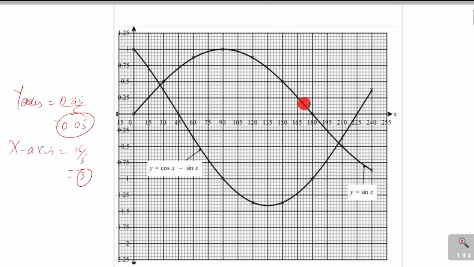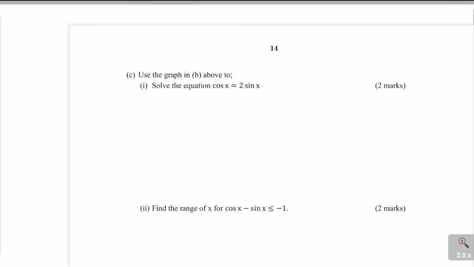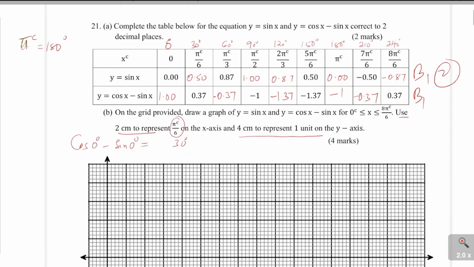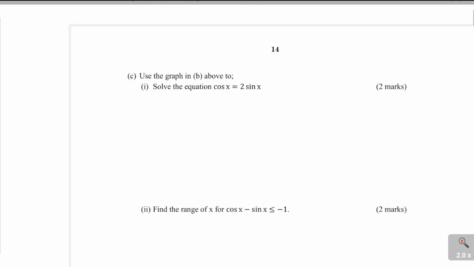For this one, you may not be able to draw exactly the way this computer-generated one is, but ensure that your curve is smooth and passes through all those given points. Once you've done that, you'll get marks for that.